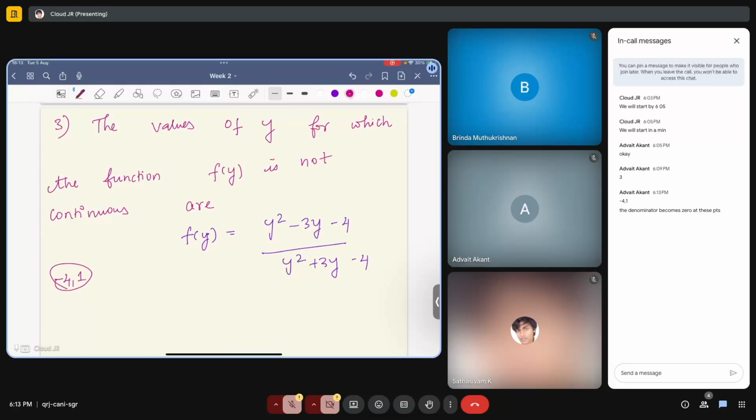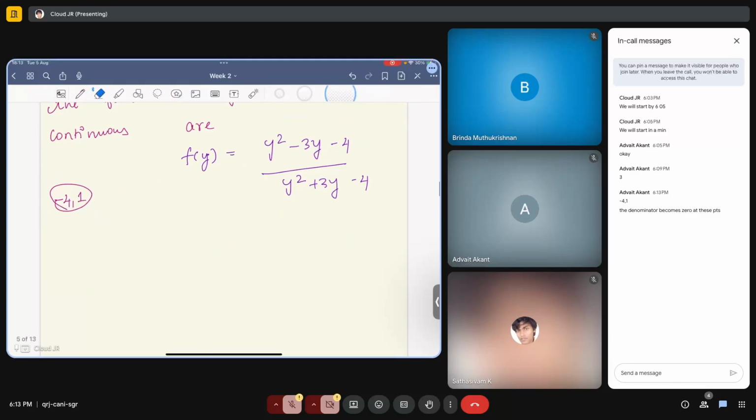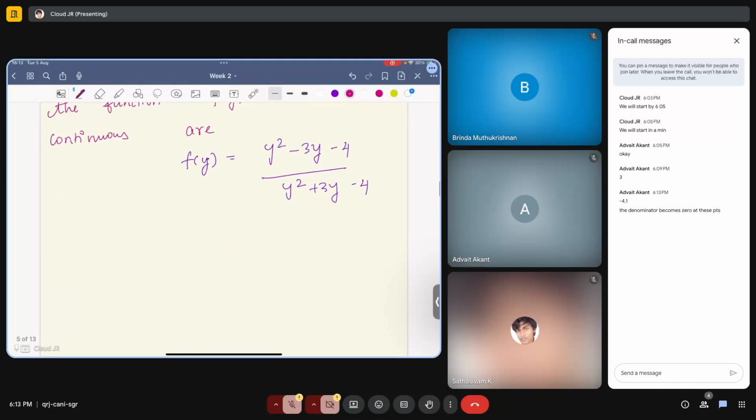So I will just explain it a little bit for the other people. So you have a function which is basically of the form, let's say, g of x by h of x, right? So both of these are functions, and your f is basically the quotient of these two functions.